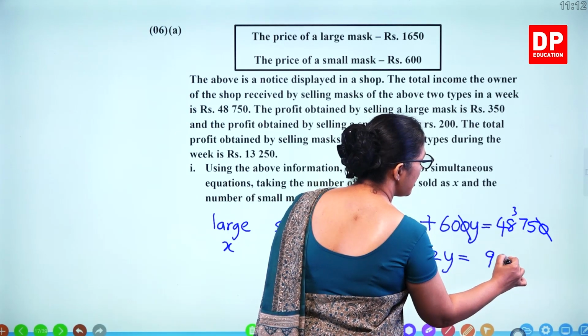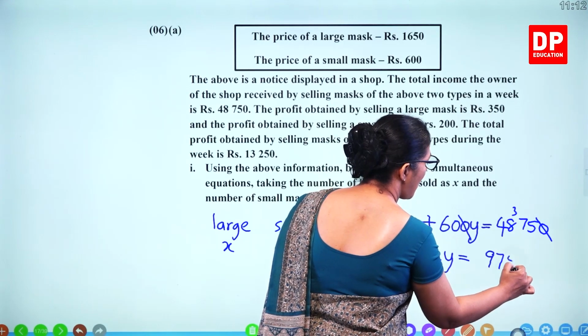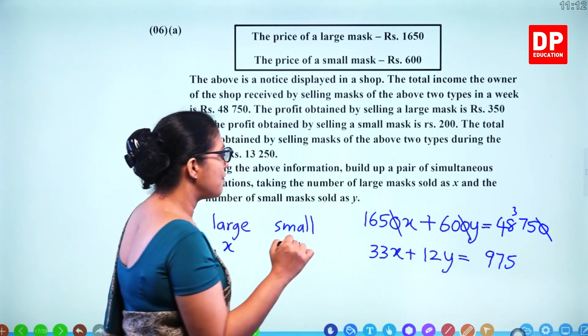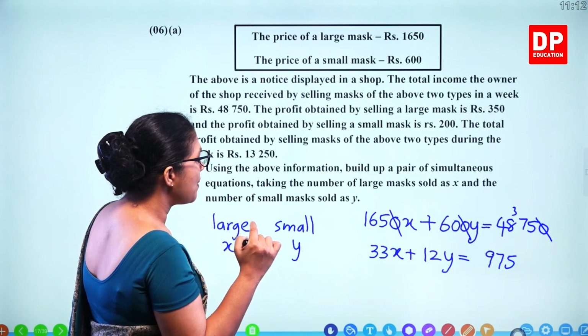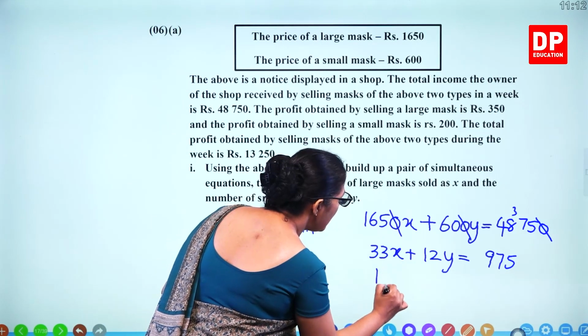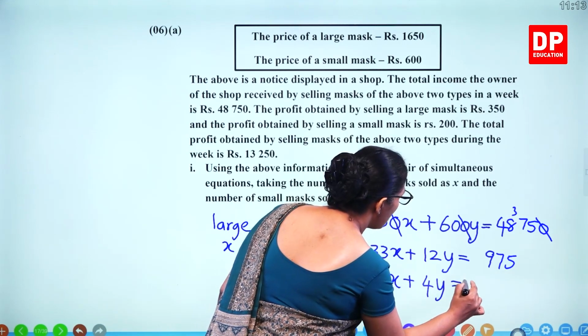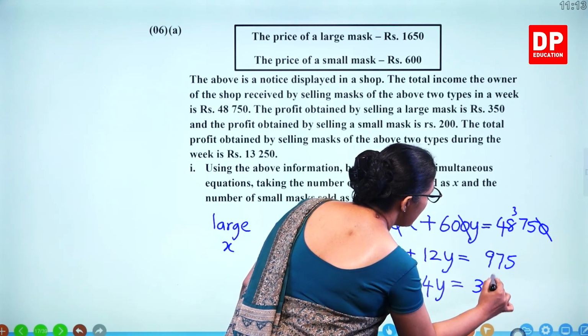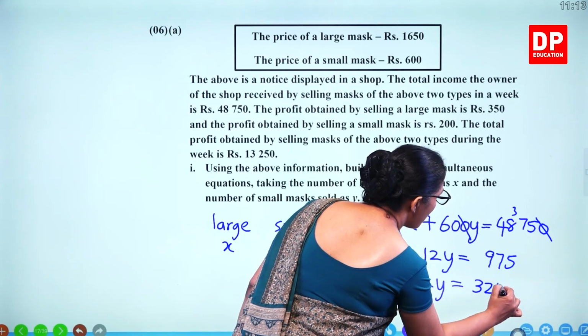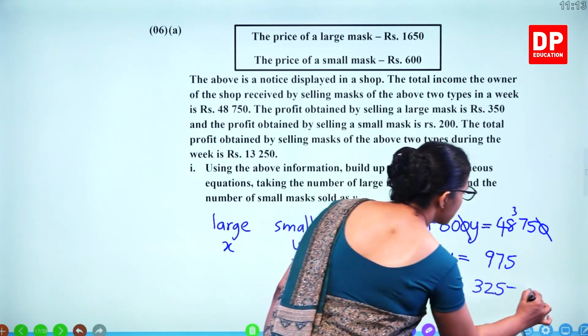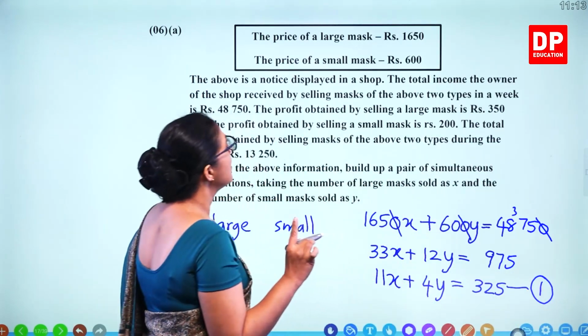For 37, that's 7, and 25, 5. Can we divide again? Divide by 3. 11x plus 4y equals 3,325. So that's the first equation.